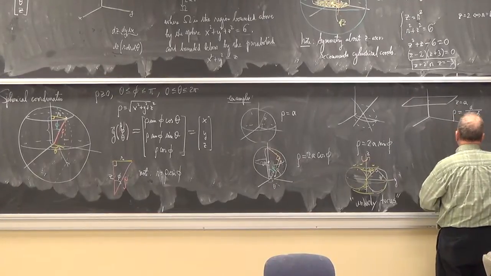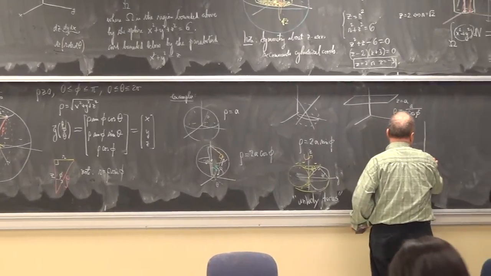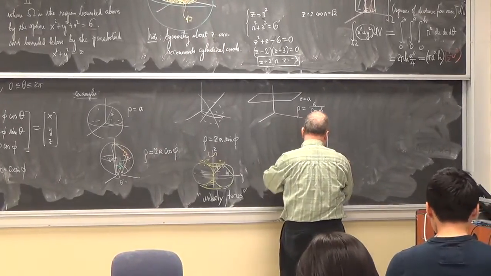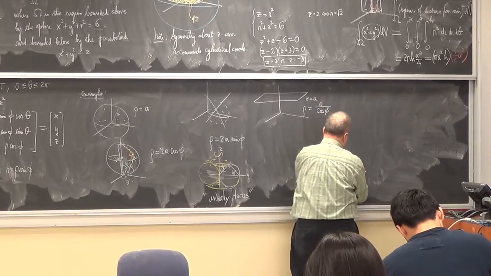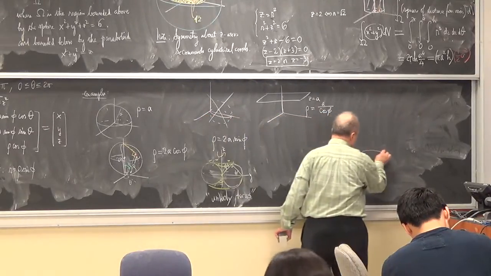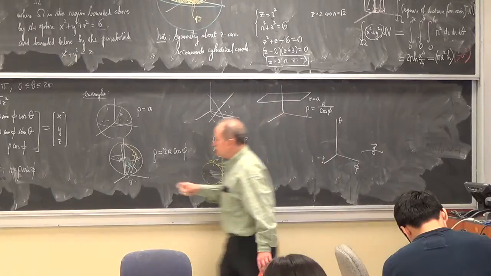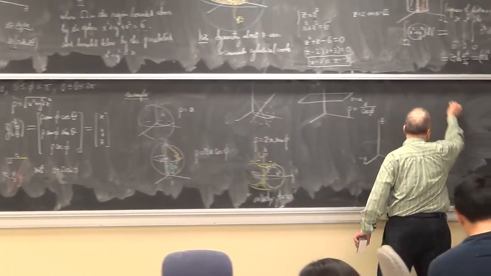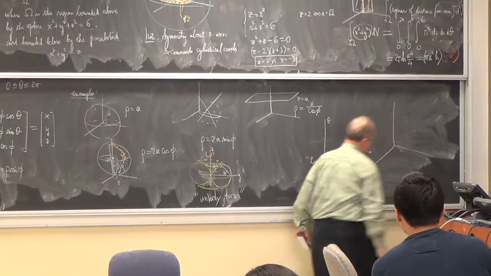So here we are in rho phi theta space, and we're mapping by our mapping G, and we're getting Cartesian coordinates over here.